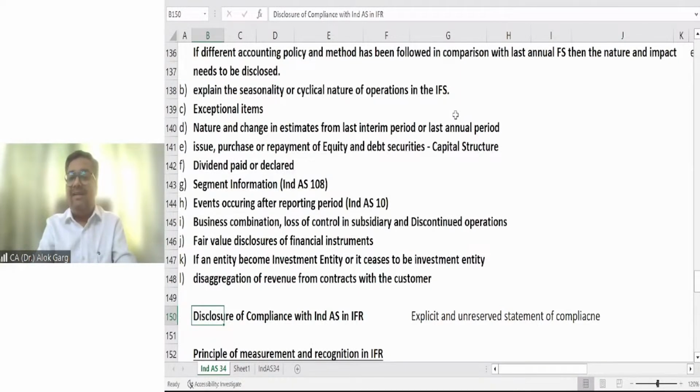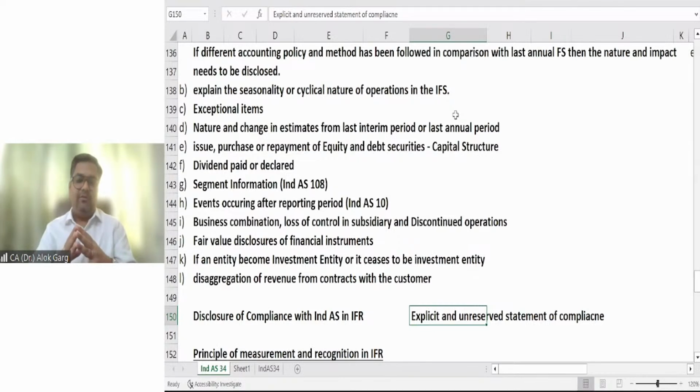Disclosure of compliance with Ind AS in the interim financial report. So friends, as I have told you in Ind AS 1, the company is required to provide an explicit and unreserved statement of compliance in the notes to accounts.